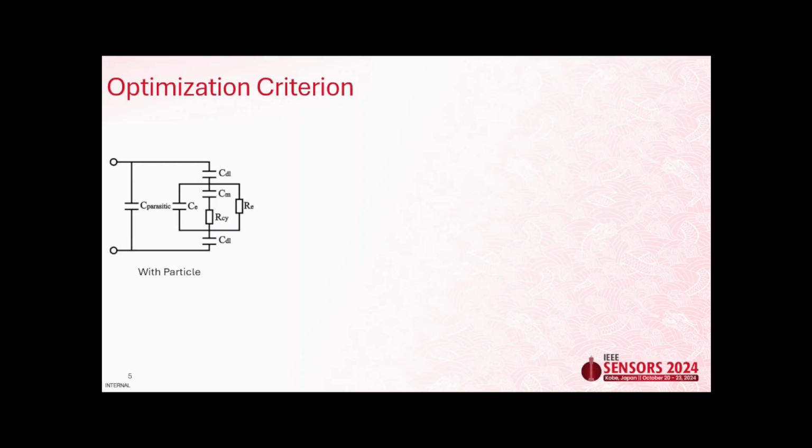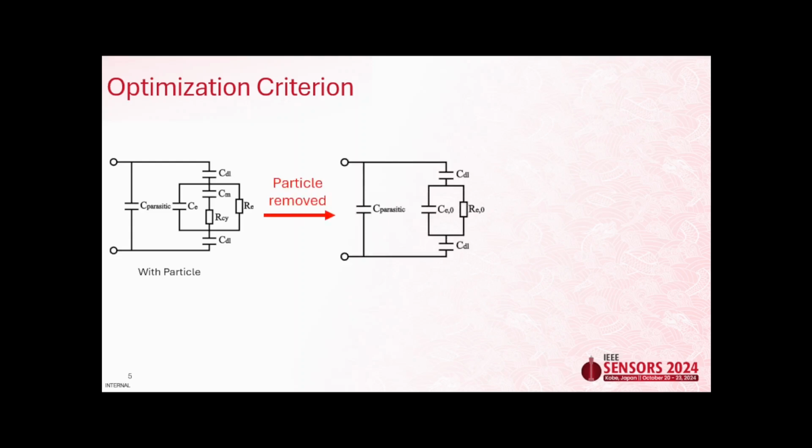I wanted to use this model to find an optimization criterion. So I removed the particle from this equivalent circuit to have both the situation when the particle is inside of the microchannel and when the particle is removed from that sensing area.